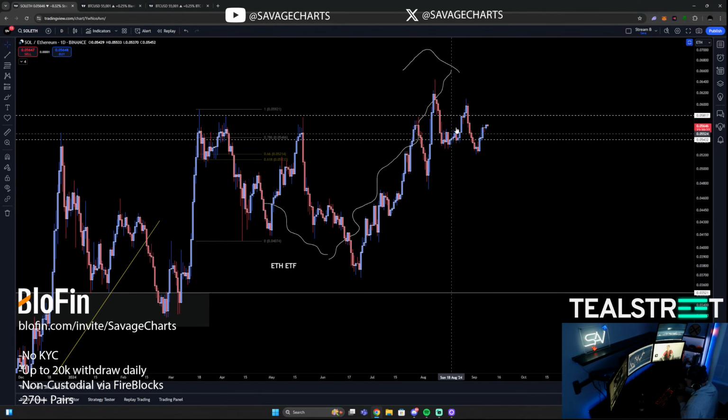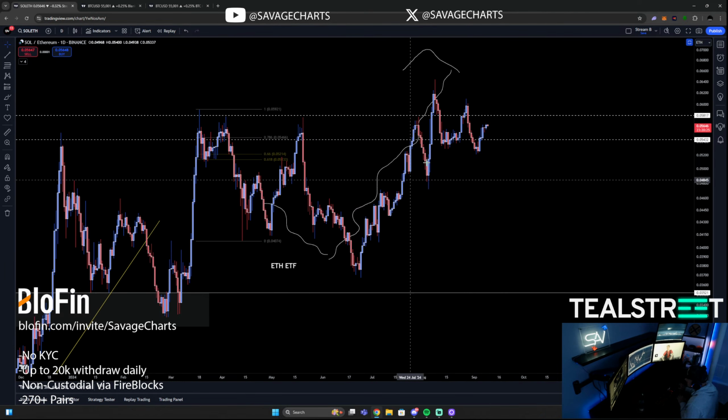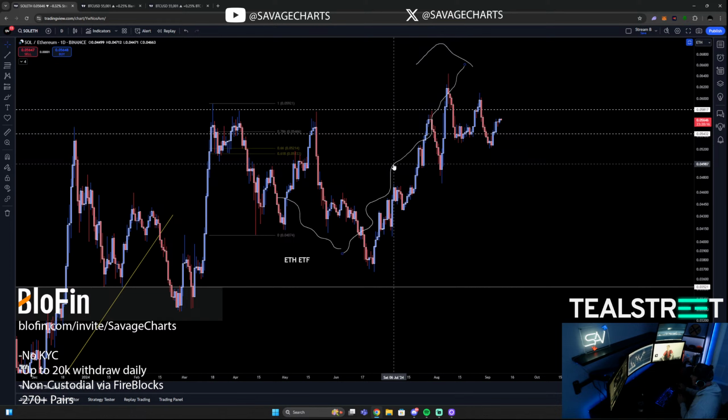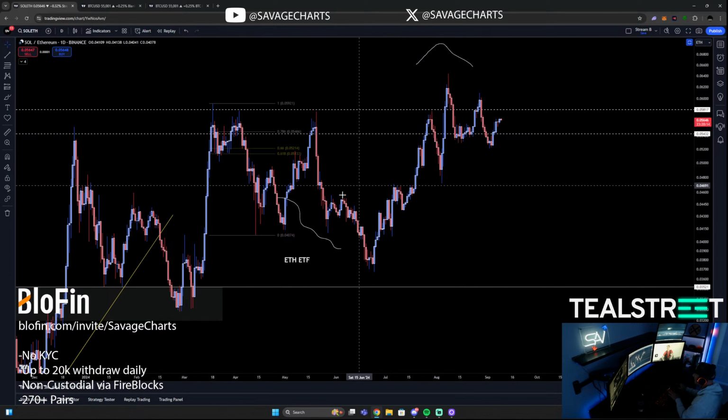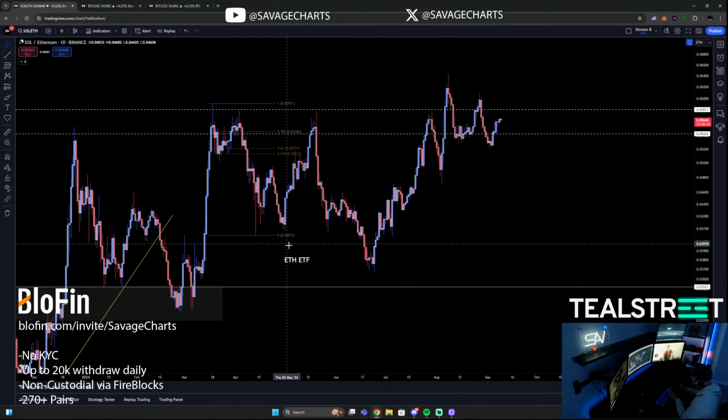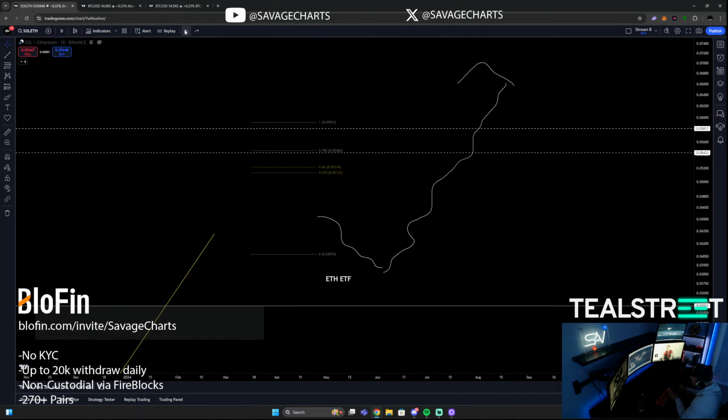This was really hard to play. Just because this is taking dominance back from Ethereum doesn't mean that we're going to break out at some point. I'm going to break this chart down. I think it's really important to talk about Solana Ethereum and the pair here. So let's leave all that good evidence up.